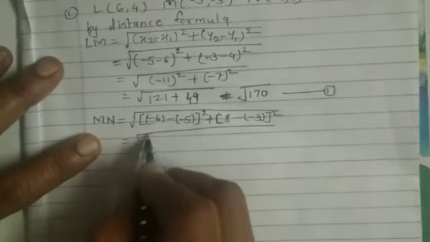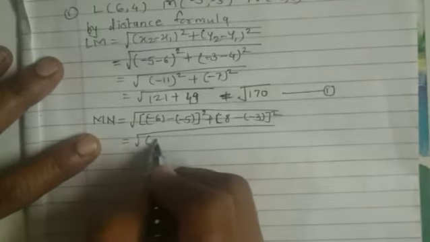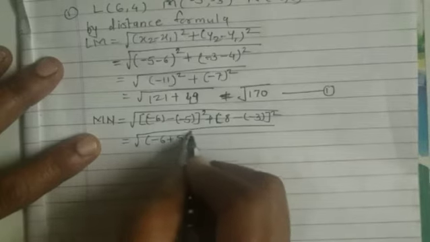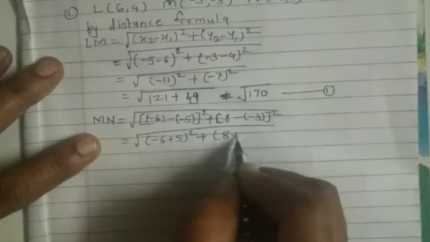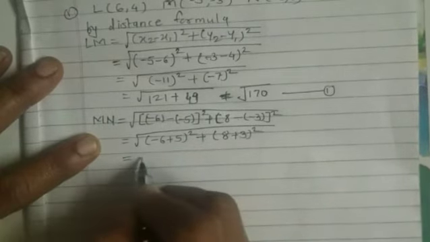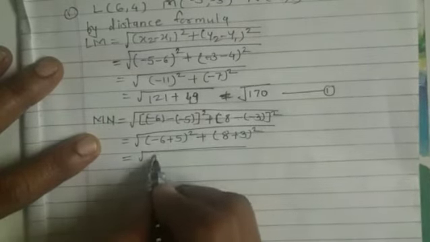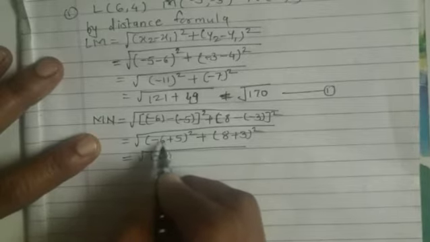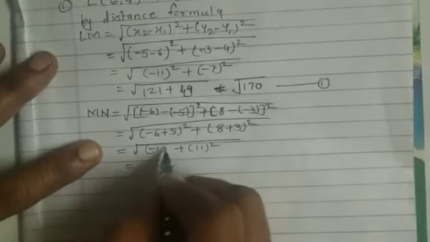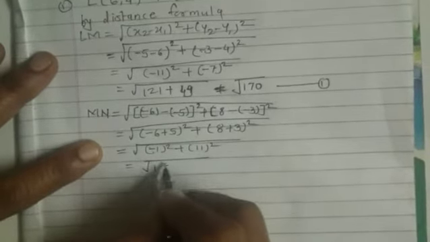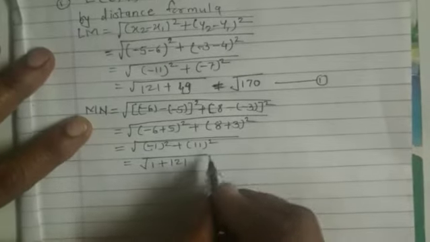For inserting the brackets we have to use this negative sign, minus in bracket, (-6 plus 5) bracket square plus 8, this negative and this negative become positive, bracket square is equal to (-1) difference of these both, that is (-1) plus 11 bracket square, that is equal to 1 square means 1 plus 121, that is 11 square.